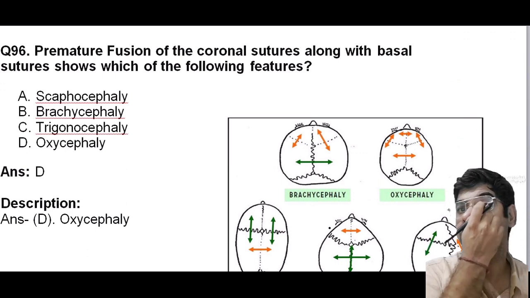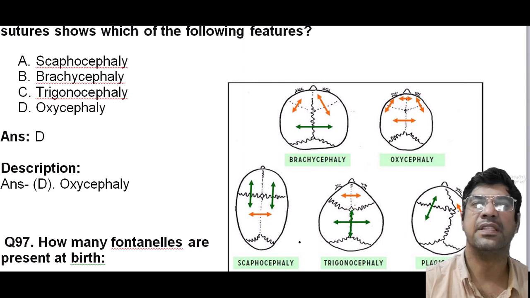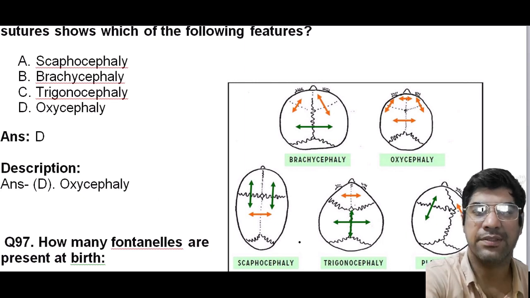Premature fusion of the coronal suture along with the basal suture shows which of the following features? The answer is oxycephaly.